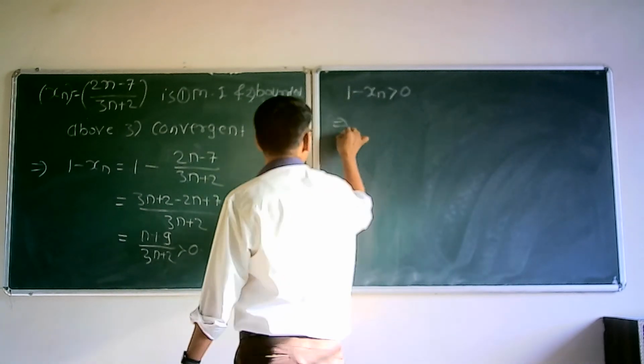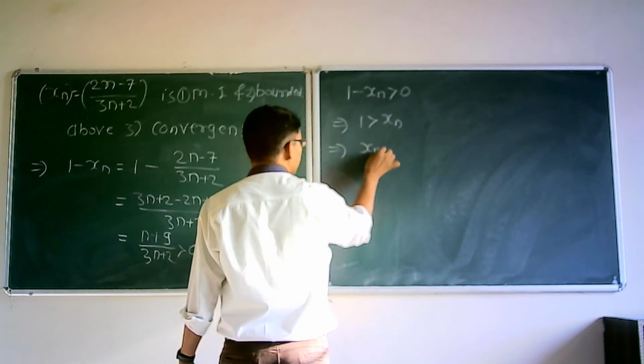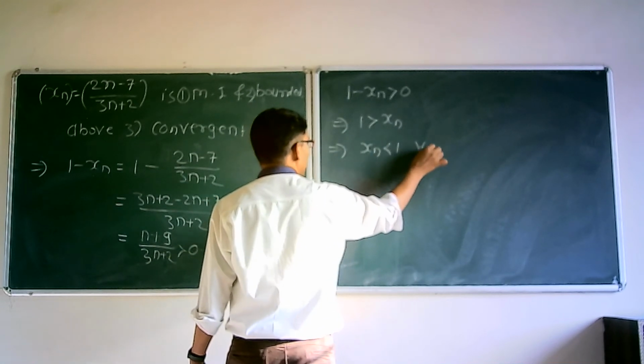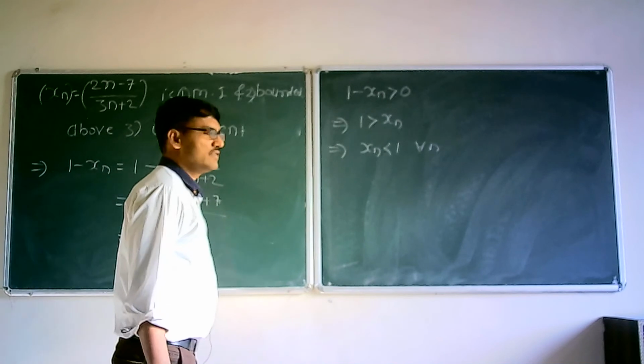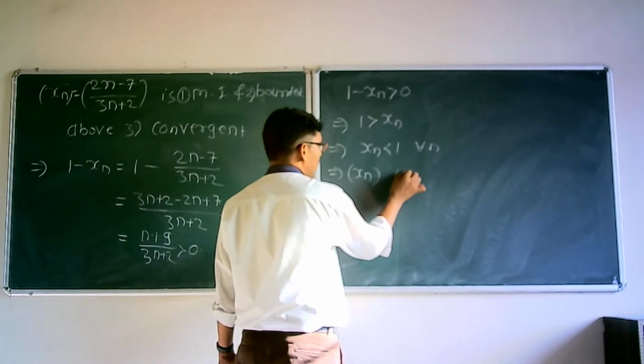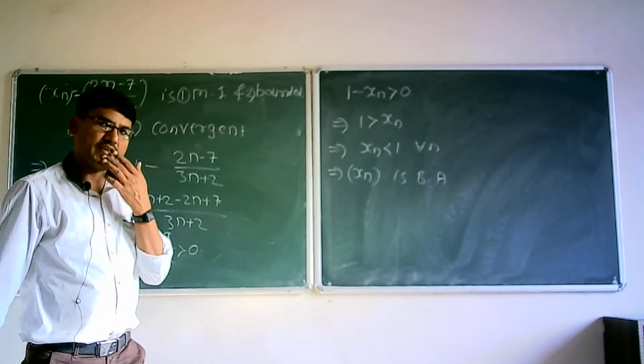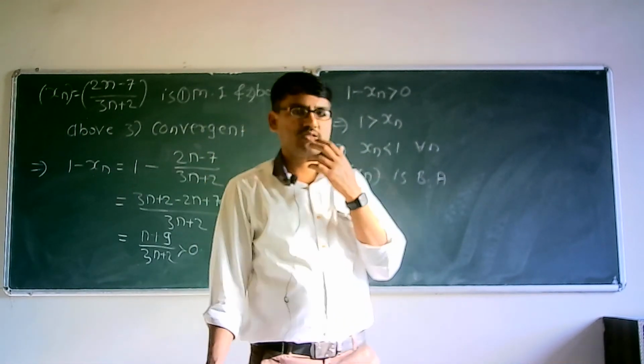What this implies? 1 is greater than xn for every n. That is, xn is less than 1 for every n. What this implies? Xn has an upper bound. Means xn is bounded above. So the given sequence is monotonically increasing and bounded above.